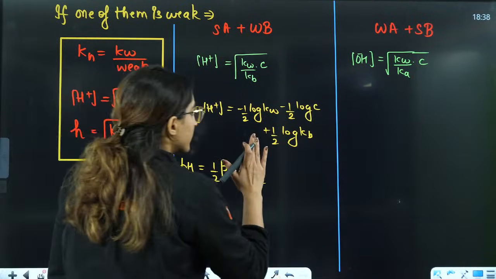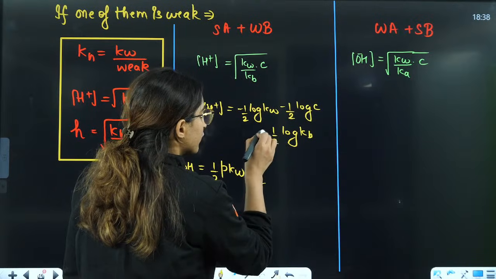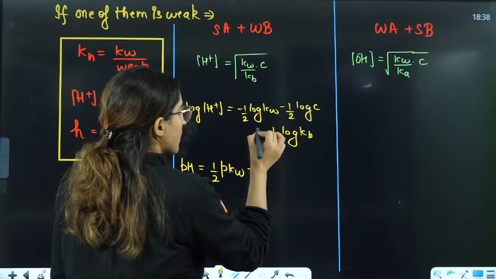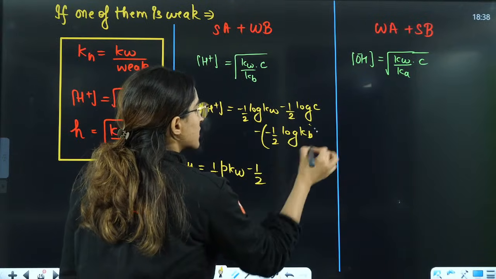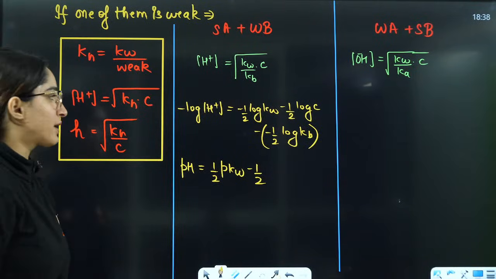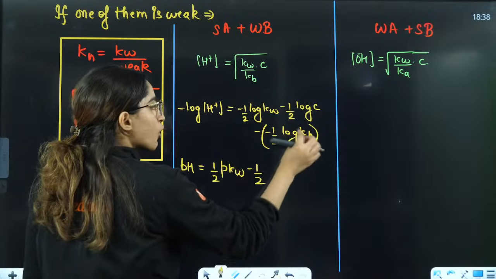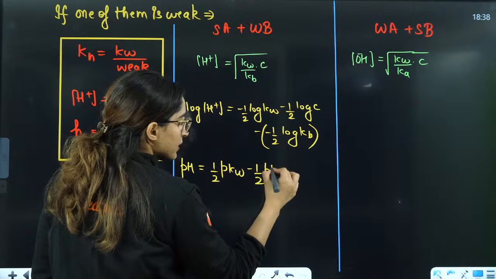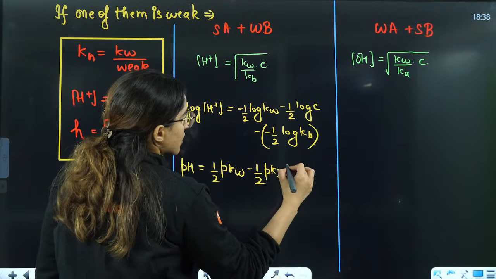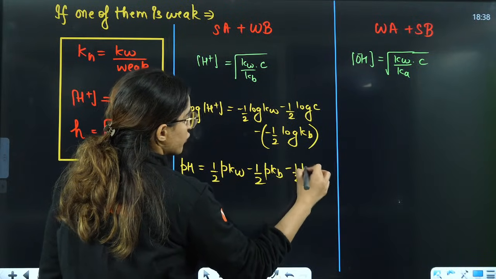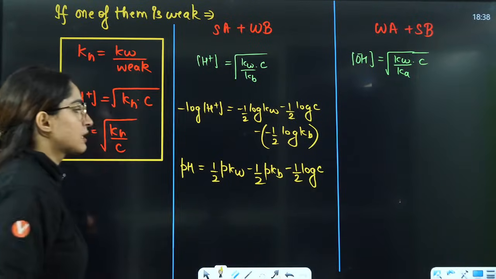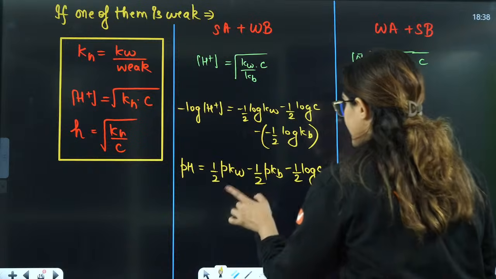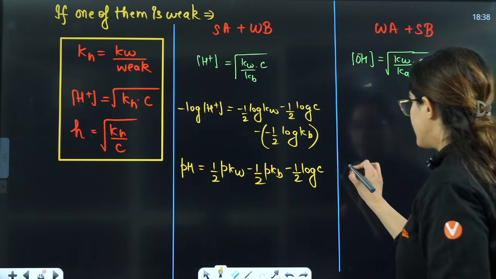What I am saying here, if you put here minus minus, instead of plus, you are writing minus minus. So this minus log of Kb is nothing but it is pKb. So minus half of pKb. This is minus half of log of C. Right? On similar lines, I'll write everything the same here.